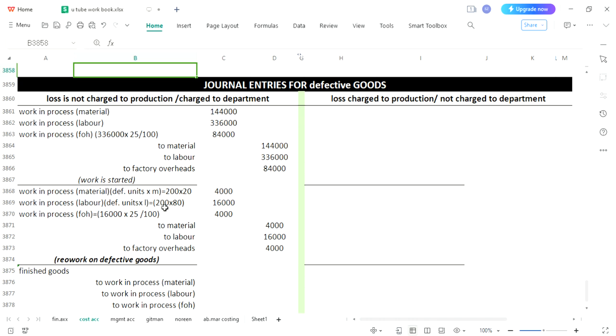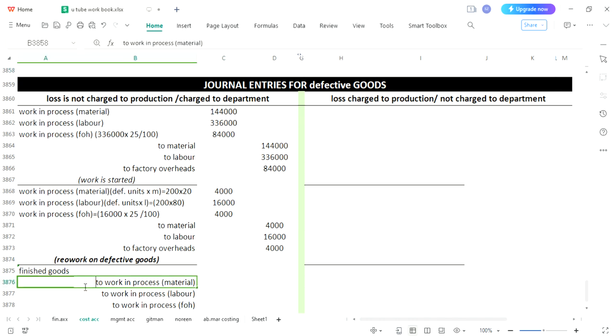And when we have a minus sign and the other sign is also minus, minus minus would be plus. If signs are opposite, minus plus or plus minus, it is different. So when signs are the same, we will always be adding the amount. Here you can see work in process material is present on the debit side, and the second work in process material is also present on the debit side.